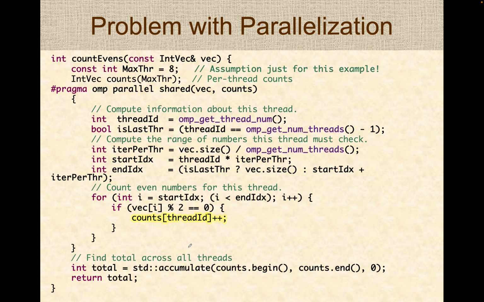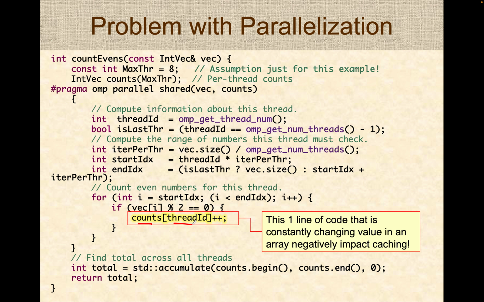Remember, with this parallelization that we have done, we are using the shared counts array that we are constantly updating. So this one line of code is constantly changing a value in an array, which negatively impacts caching. And we are going to start trying to understand why this is the case.